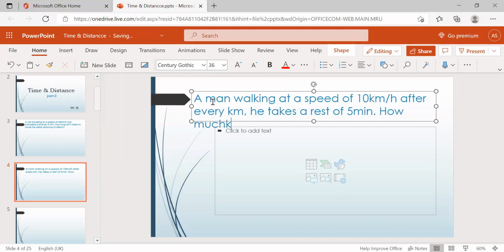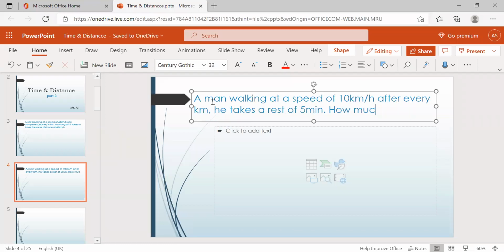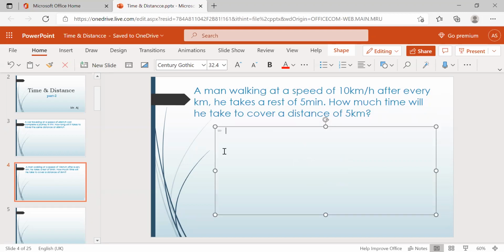How much time will he take to cover a distance of 5 kilometers? This is the question.